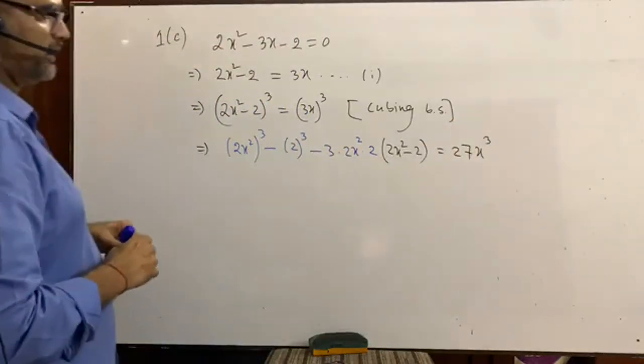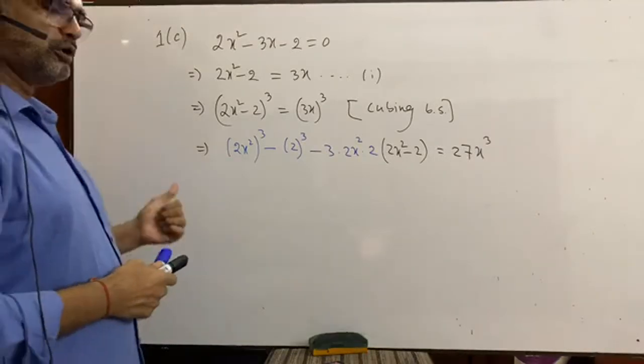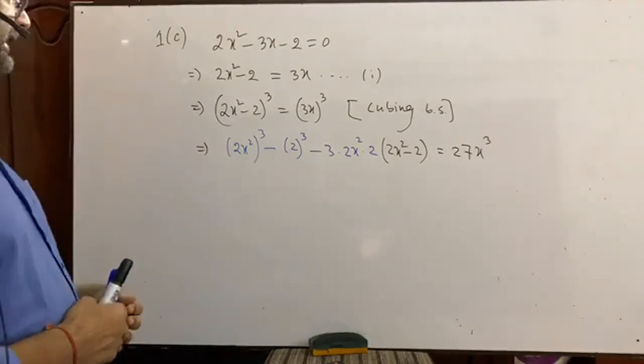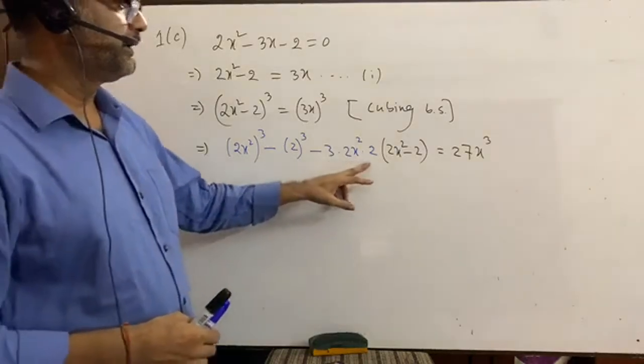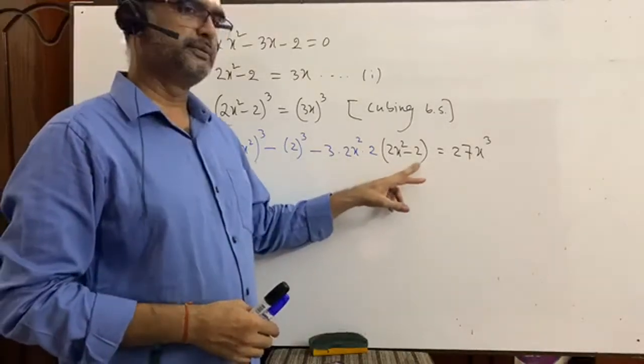What I have done actually is put the corollary of (a minus b) whole cube, that a cube minus b cube minus 3ab into (a minus b).